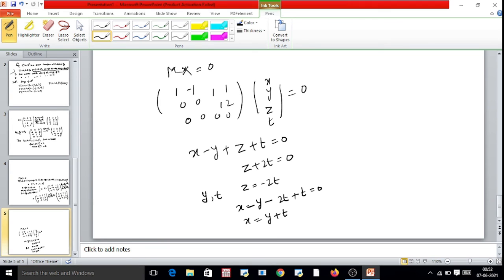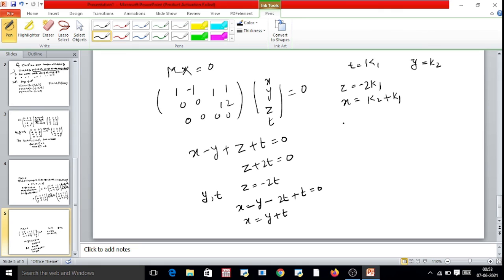So if we take y and t as free, we may take any value for them. So just suppose t is equal to k1 and y is equal to k2, then what do we get? z is equal to -2k1 and x is equal to k2 plus k1.